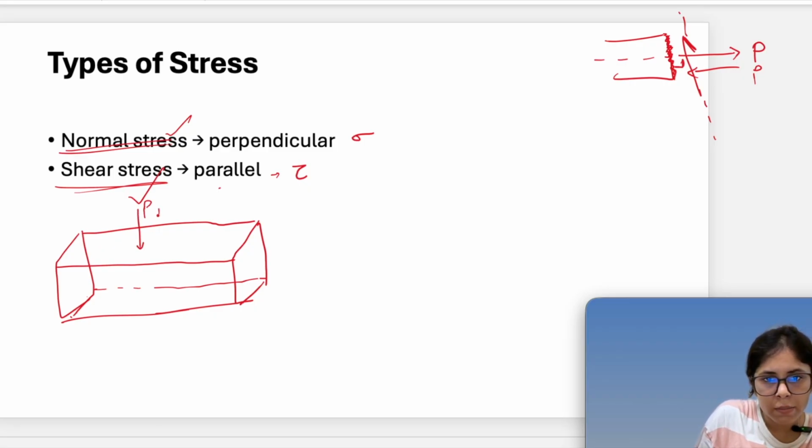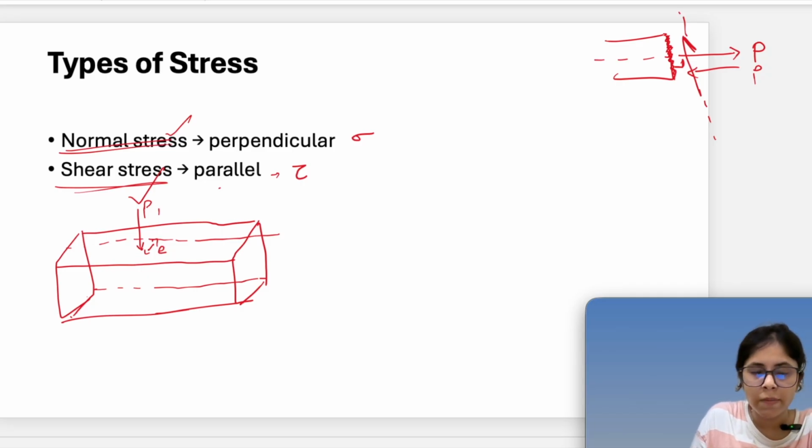Like this is P1, and this is the center. P1 is acting somewhat differently, eccentric from the center. We have P2, which is specifically acting on the central line of the body, and then we have P3, which is acting like this.